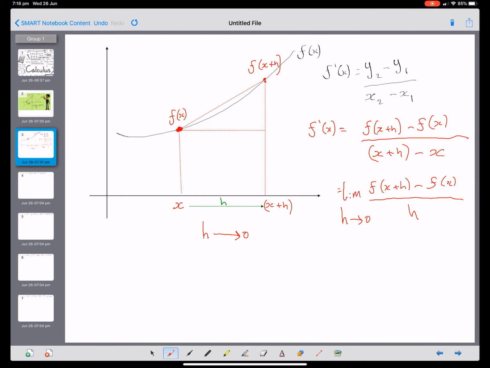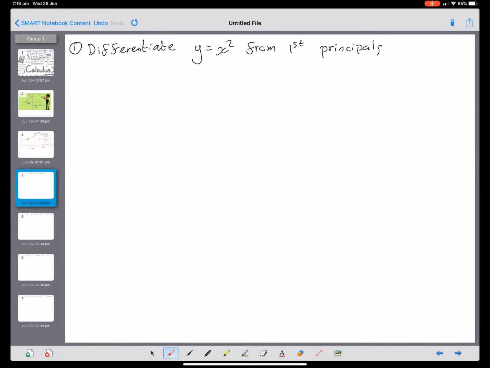Okay, so let's have a look at some examples. So differentiate y equals x squared from first principles. Okay, so not that it's going to help us, but we can draw the graph of y equals x squared.